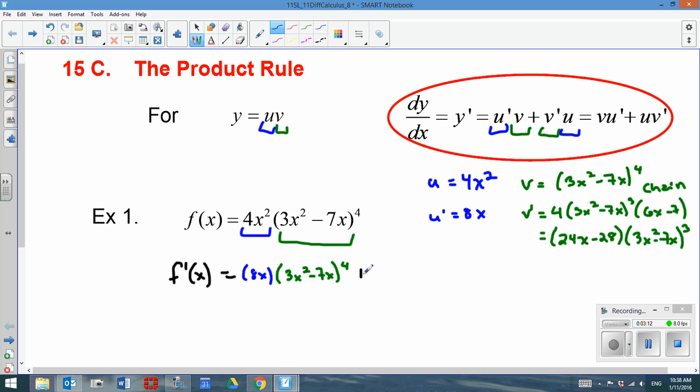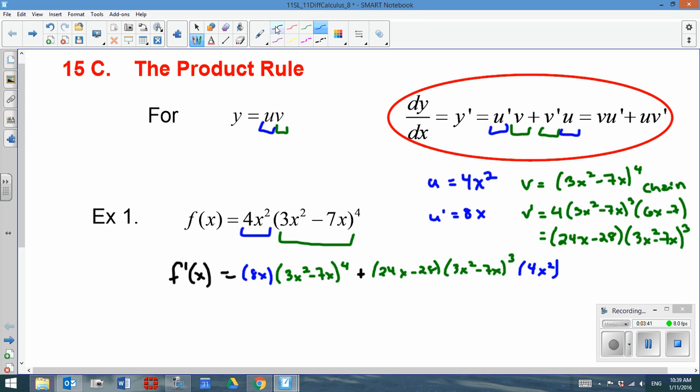I'm going to add that to the derivative of v, which I've now simplified down to 24x minus 28, multiplied by 3x squared minus 7x raised to the third power. And I multiply that by my original u, which is 4x squared. At this point, I have the derivative. So this expression here is the representation of the derivative of f of x.